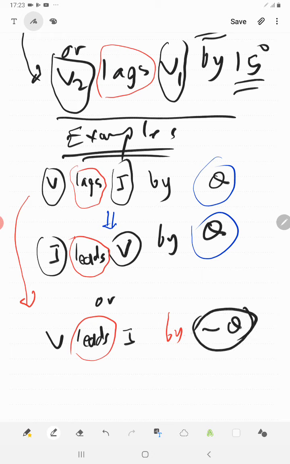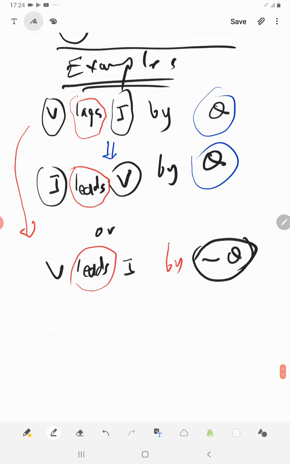So that's two operations. The first operation, we change lags to leads. The second operation, we change theta to minus theta, keeping V and I the same without swapping. So that's also correct. Or we can do the same here.